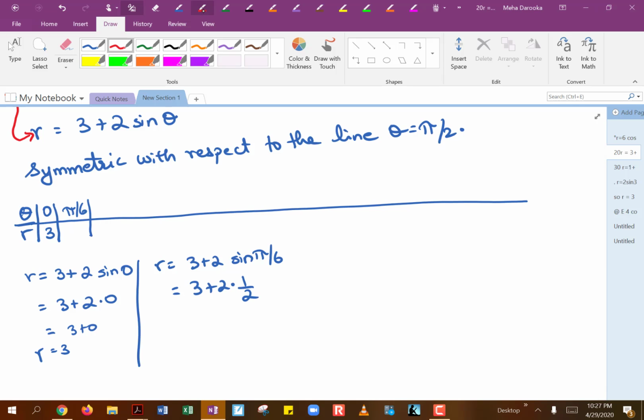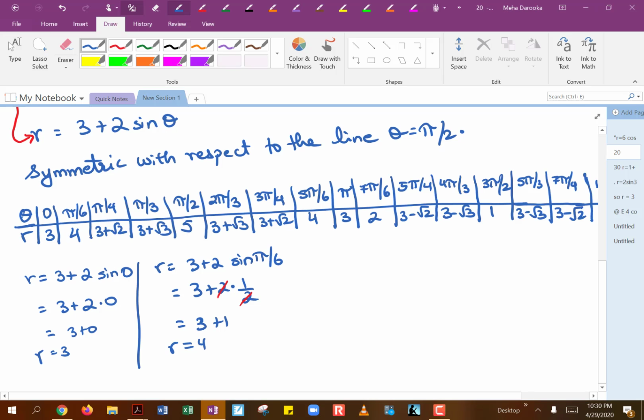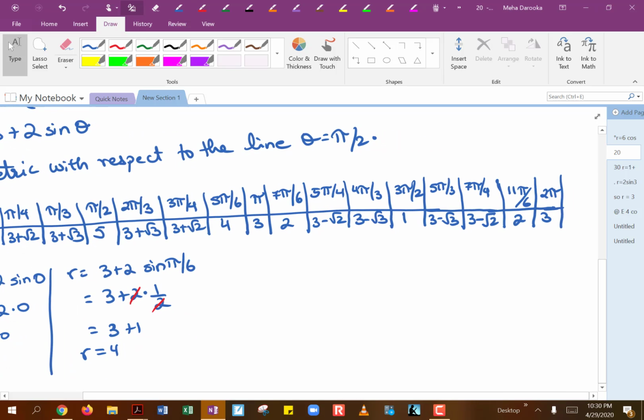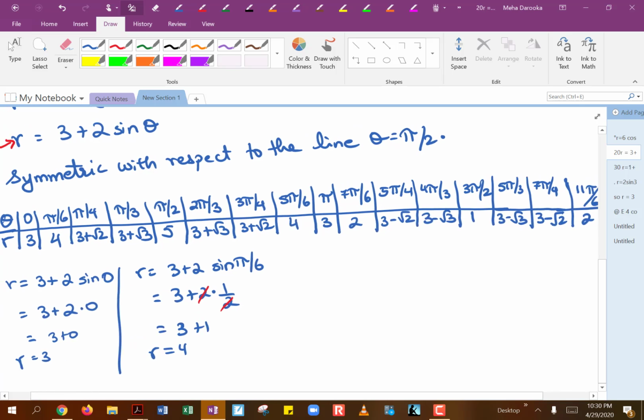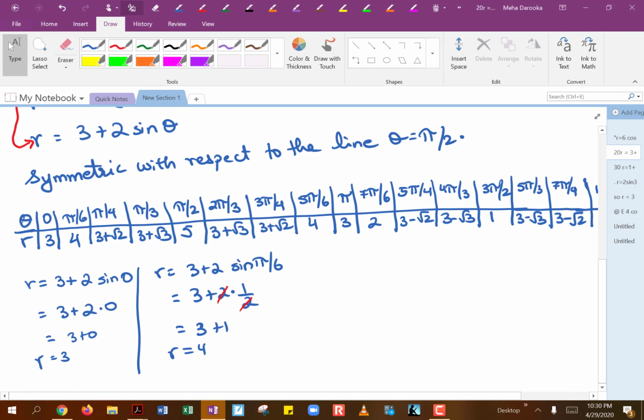So 2 times 1/2, the 2 and 2 will cancel each other out. You're left with 3 plus 1, which gives you the value of 4. In that same fashion, you will complete this table. Here's our completed table, and I've gone all the way to 2 pi, but find the points that you think work best for you, and then let's plot them.